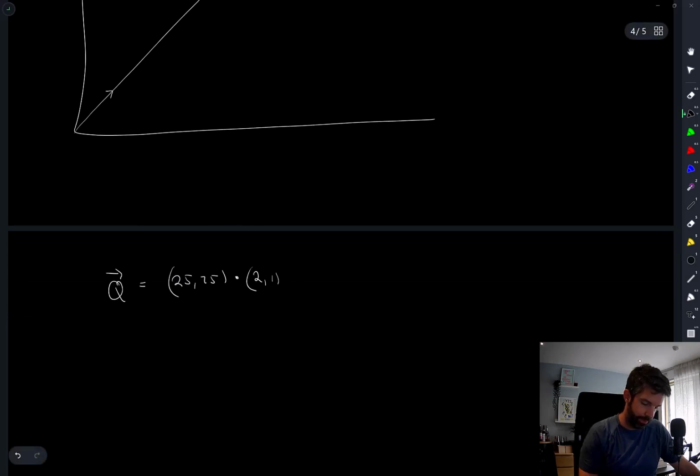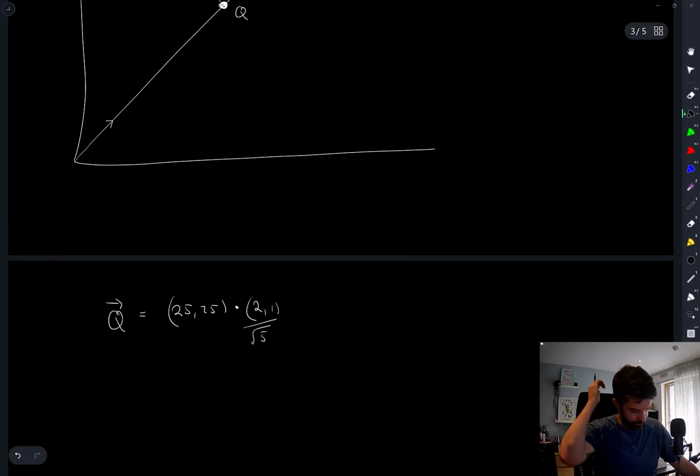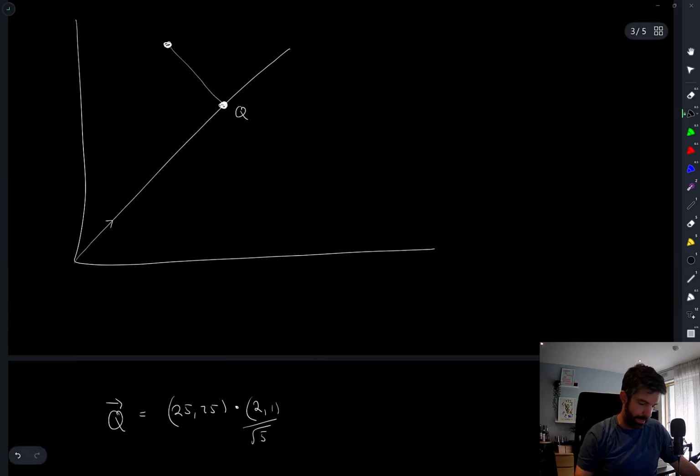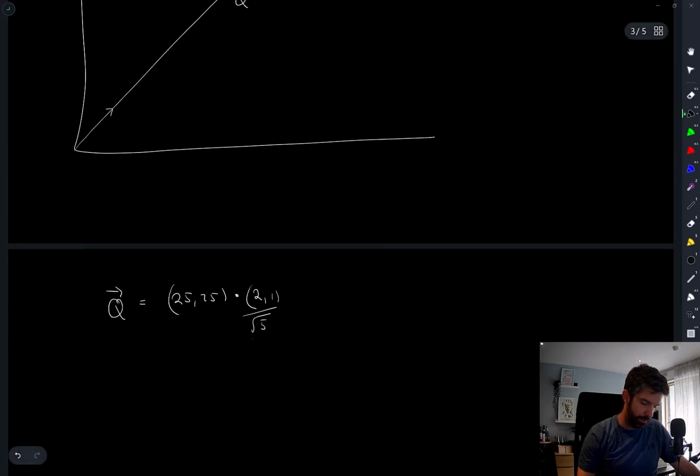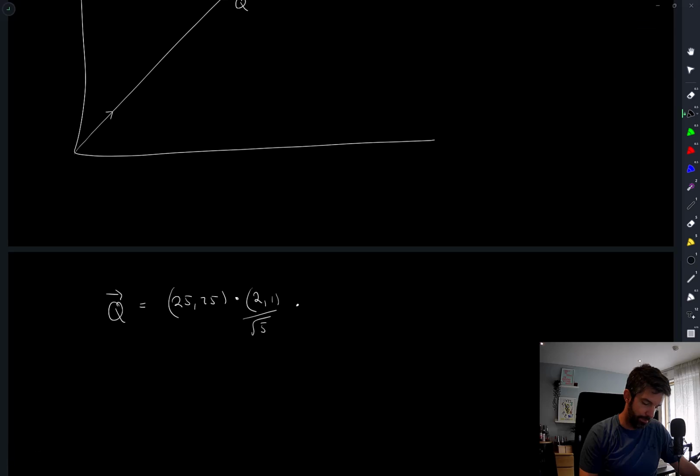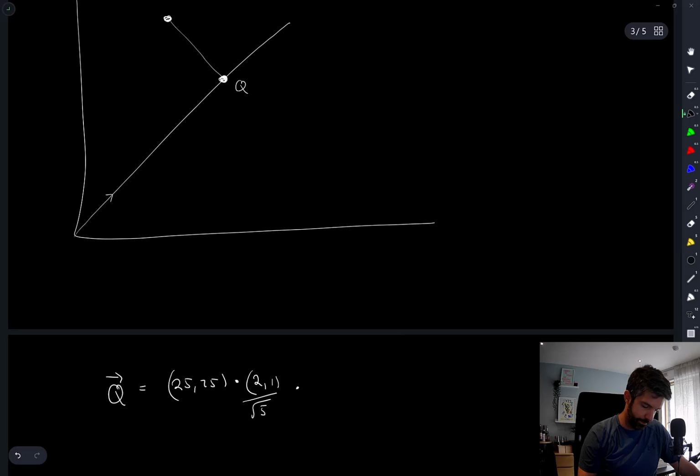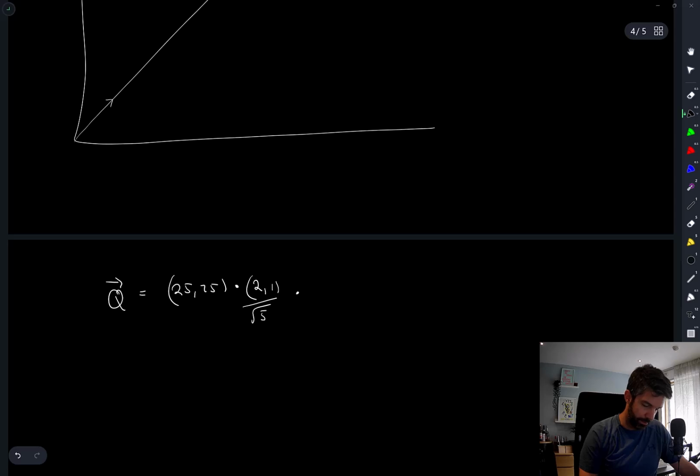Okay, if I divide this by root 5 so that it becomes a unit vector, I now have the magnitude, and I have to multiply this by the unit vector. So that's the magnitude of Q, and the direction is (2, 1) divided by root 5.